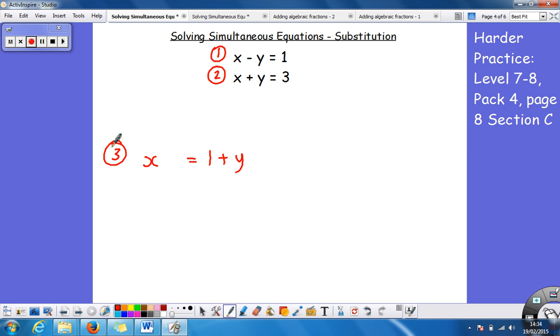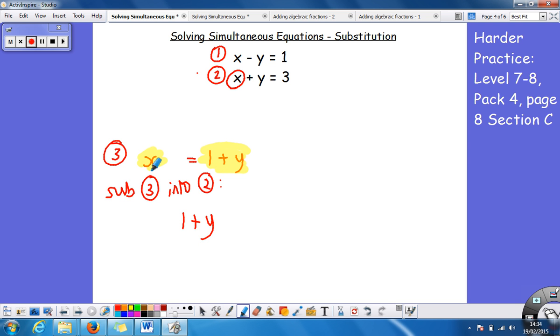I'm not going to substitute it into equation 1 because that's the one that I rearranged. I am going to substitute it into equation 2. So if I substitute equation 3 into equation 2, I will change my x to 1 plus y. And I've gotten that from my rearranged equation here.